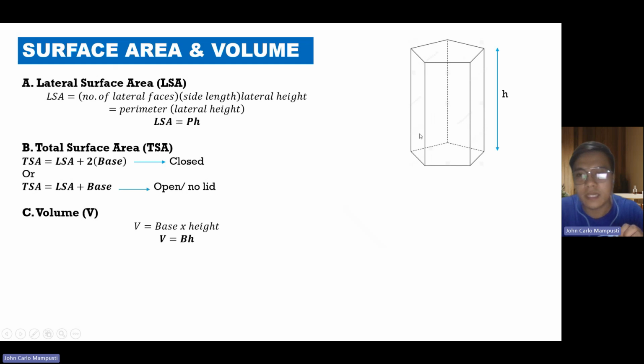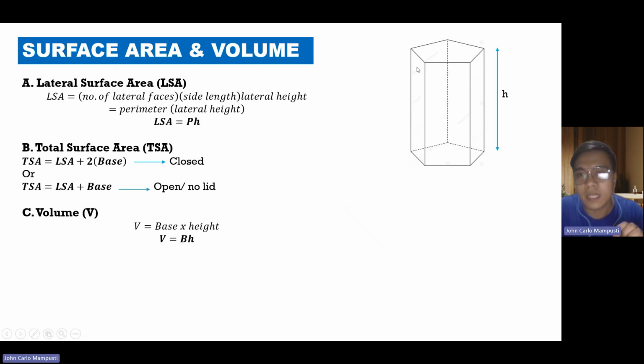Yung pentagon niyan, meron tayong 5 faces. The number of faces natin, we have 5 times side length times the lateral height. So ano yung side length natin? This one. Yung side length ng ating base times height. As you can see, yung face natin dito is rectangle.